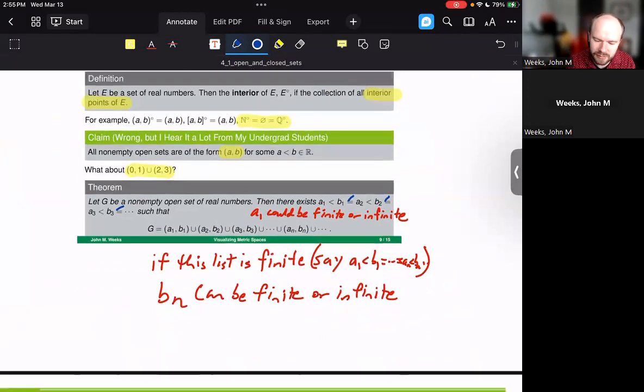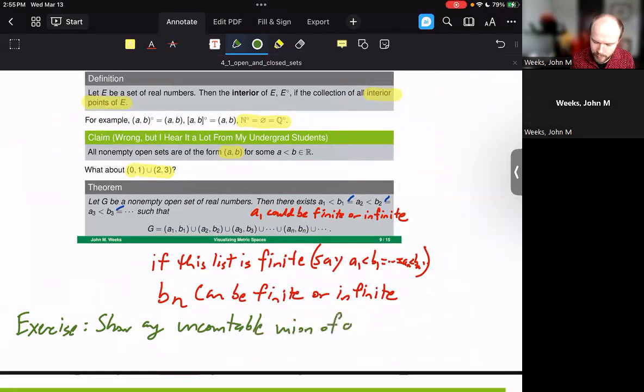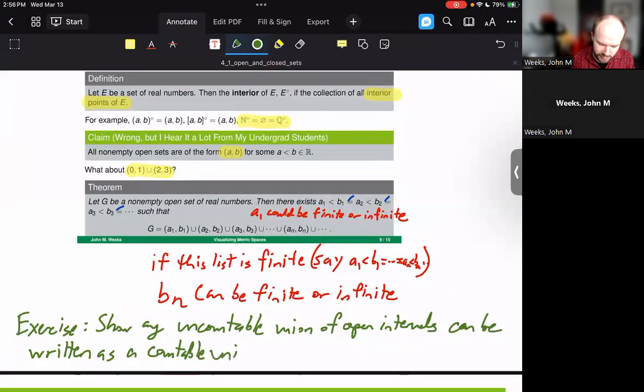Here's a good exercise. Show any uncountable union of open intervals can be written as a countable union of open intervals.